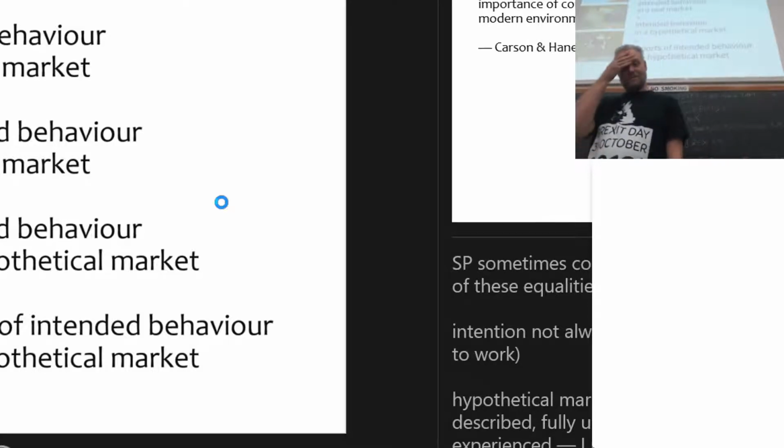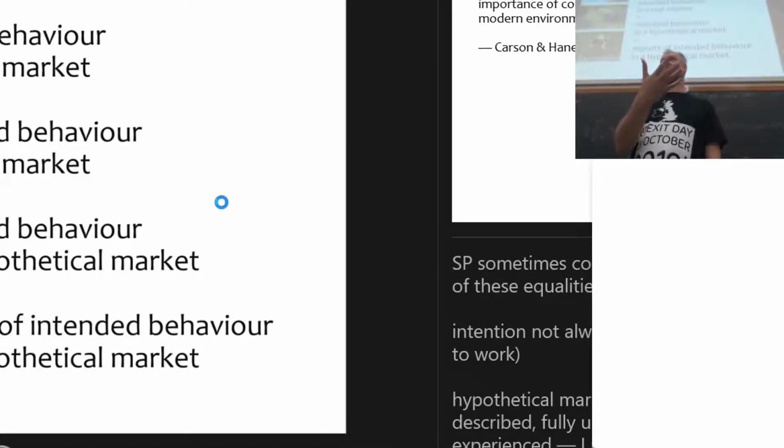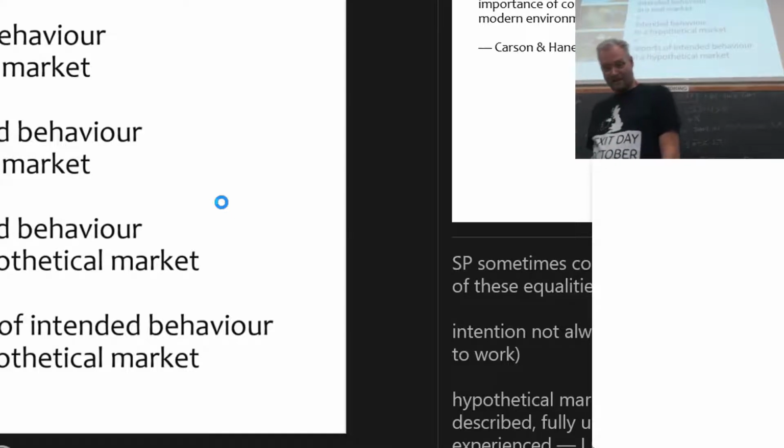So you're making the assumption that actual behavior is the same as intended behavior. You're making the assumption that intended behavior in the real market is the same as intended behavior in a hypothetical market. And you're making the assumption that people report truthfully, that what they say is what they intend to do.